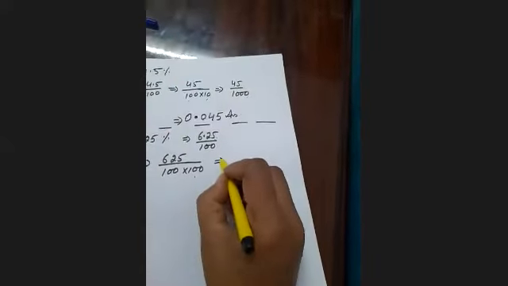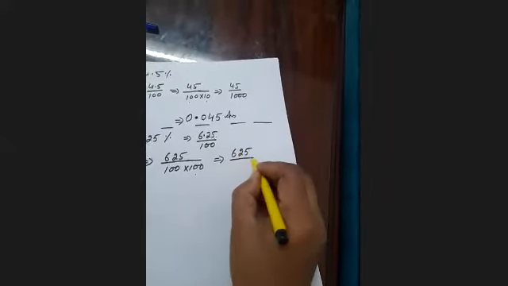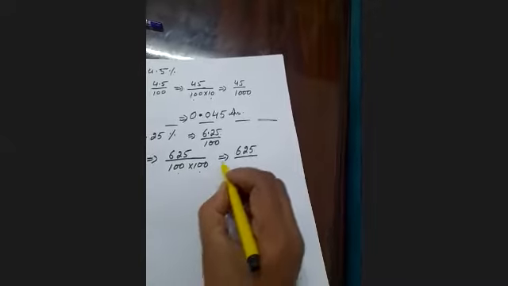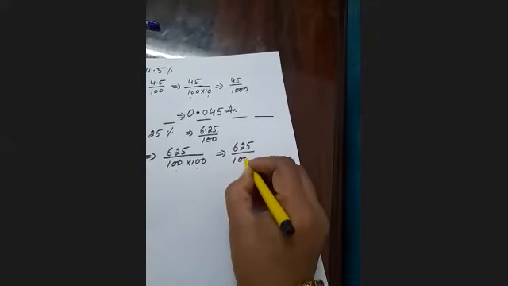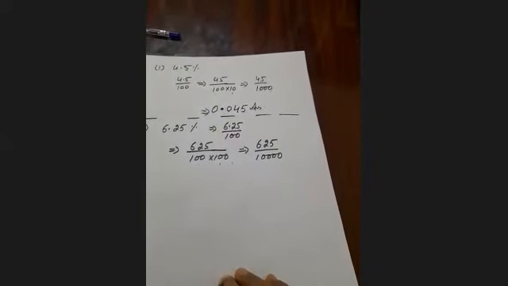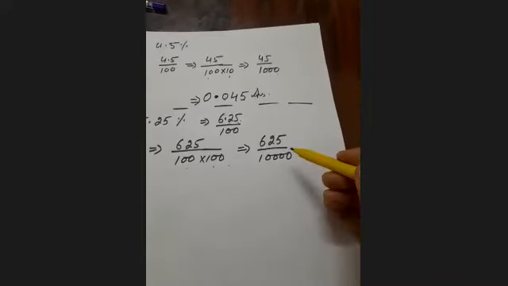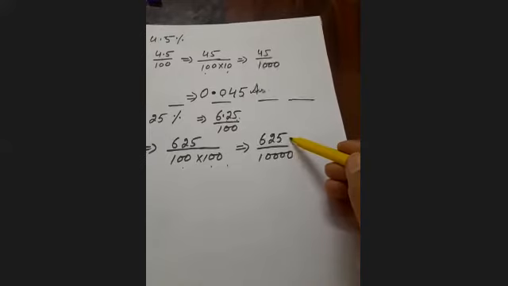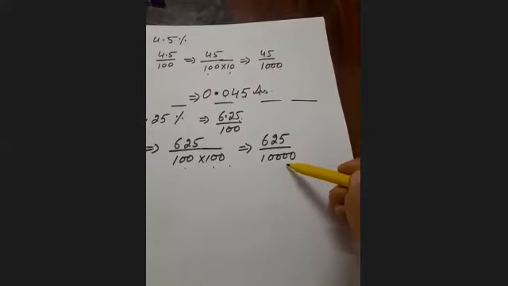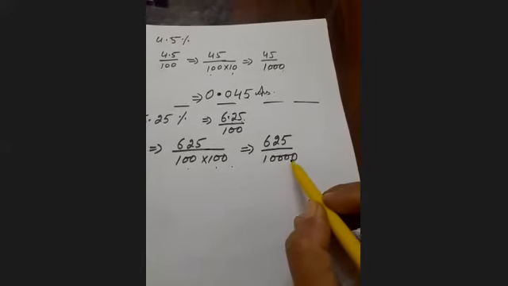Clear, students? Now next is 625. 100 multiplied by 100 will get 10,000. Now our numerator is 625 and denominator is 10,000. In the denominator, we have 4 zeros, 1, 2, 3, 4.